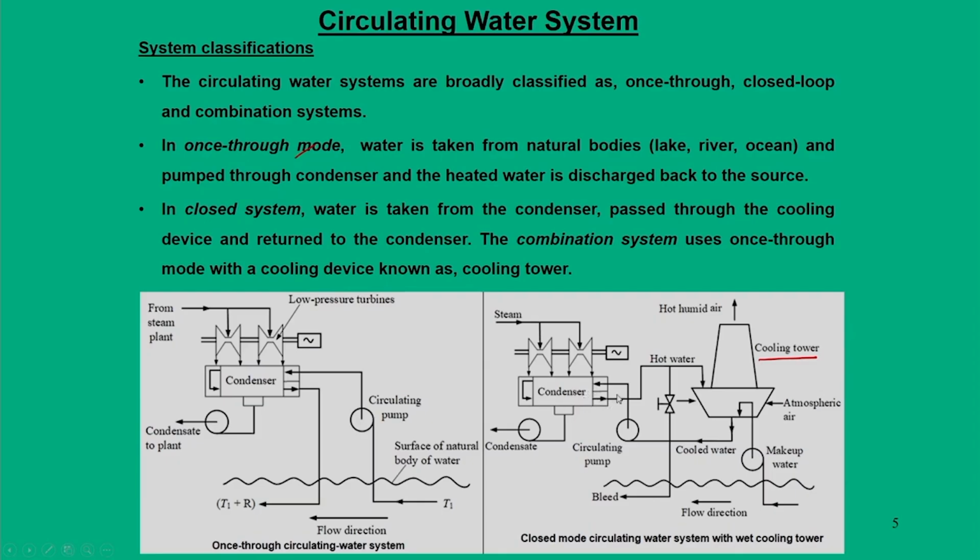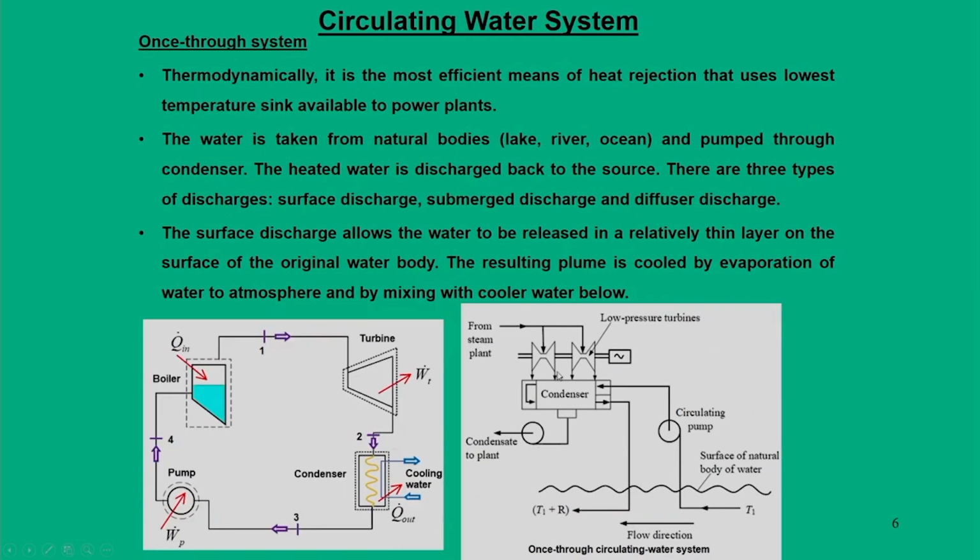Again from the condenser you take back the hot water, treat it again, and finally discharge it to the water bodies. That way the entire treatment is normally done in this cooling tower only, so that the ecological system of the river is not affected. This is what I have explained so far.